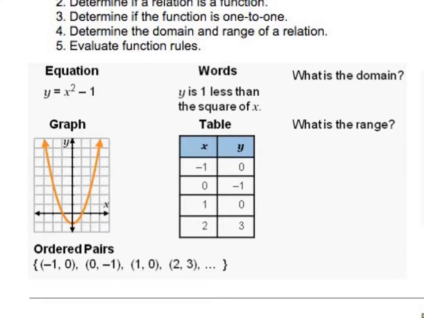I can tell by looking at the ordered pairs as points. I can tell by reading what the words say about that function. I can tell by looking at a table of values. All 5 of these things represent the same thing: the equation, the graph, the ordered pairs, the table, and how you'd say it in words.